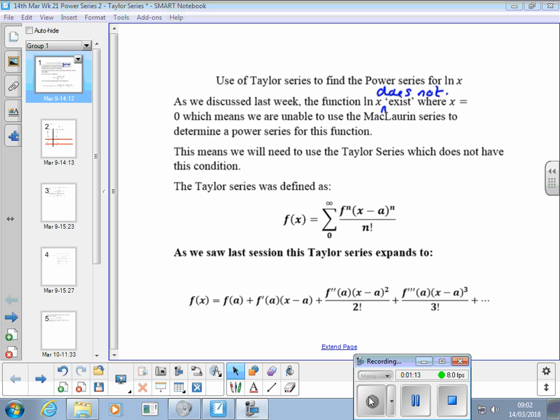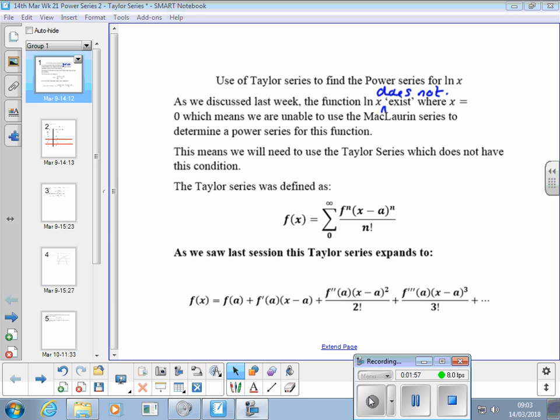The Taylor series is defined as f of x, and we will expand to f of x being the function value at a, plus the derivative at a multiplied by x minus a, plus the second derivative at a multiplied by x minus a squared over 2 factorial, and so on.